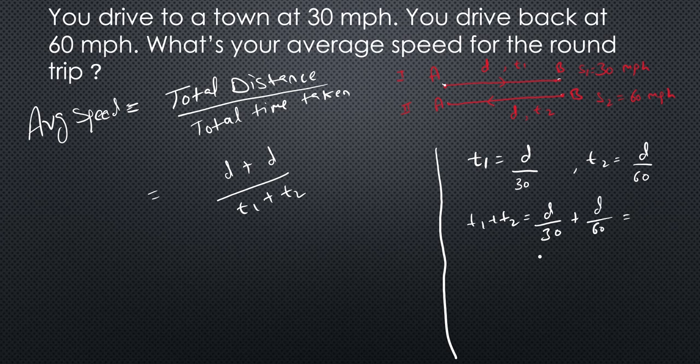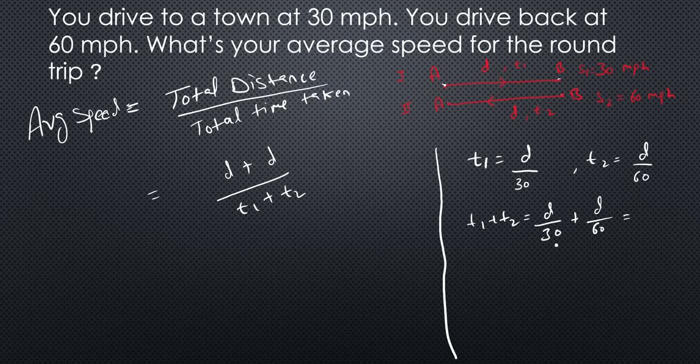The LCM of 30 and 60 is 60, since 30 goes one time, two times. So 60 and 30 give 2d plus d. It will become 3d by 60, which in turn is d by 20.